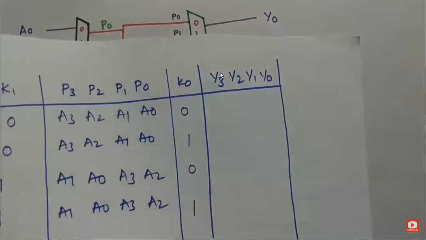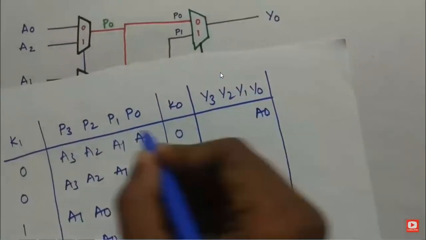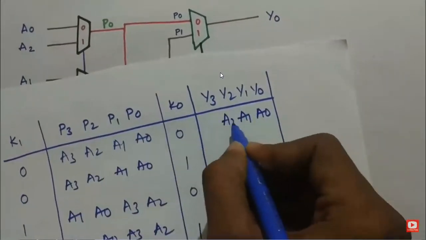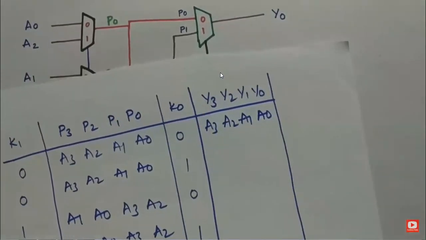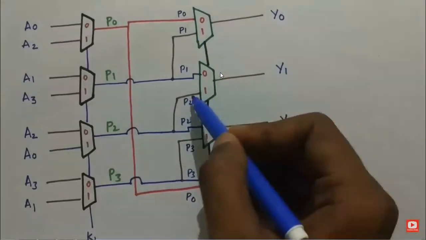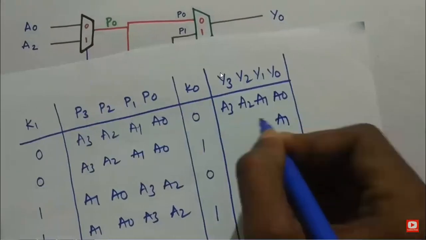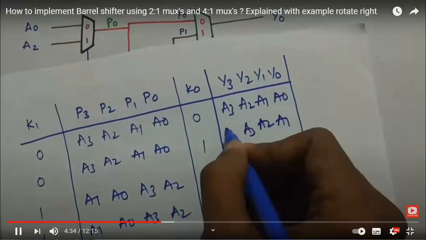So K0 is 0, that means it will transfer P0 first, that is A0, and next Y1 equals P1, Y2 equals P2 and Y3 equals P3. So when K0 is 1, then Y0 equals P1, Y1 equals P2, Y2 equals P3 and Y3 equals P0. So it is P1, P2, P3 and Y3 will be equal to A0.